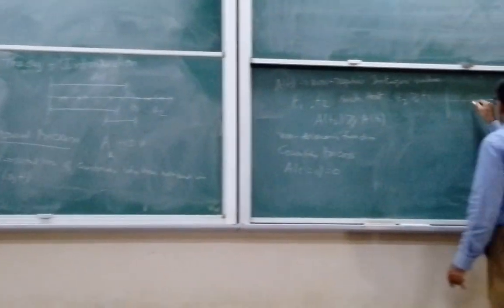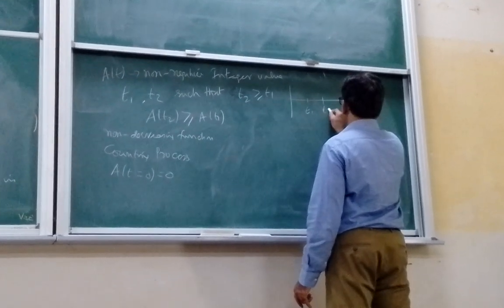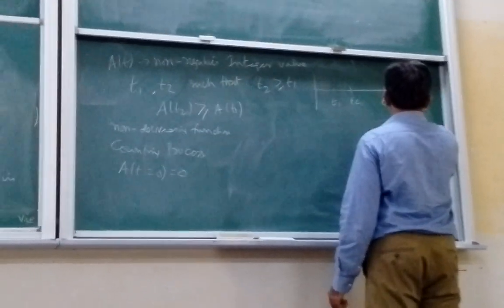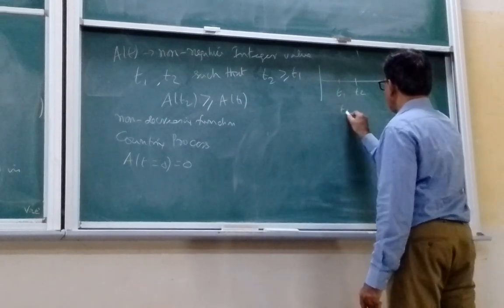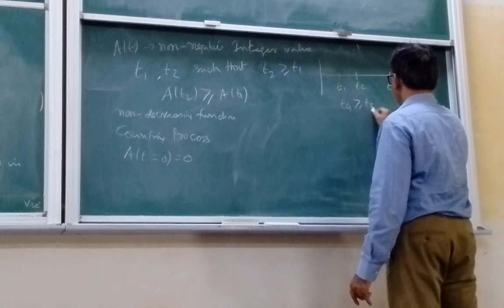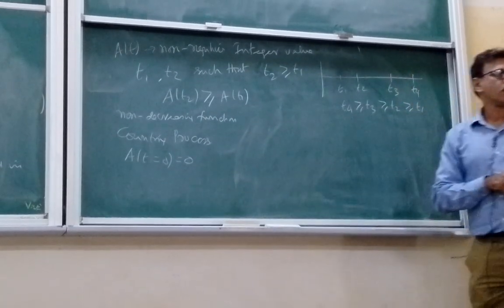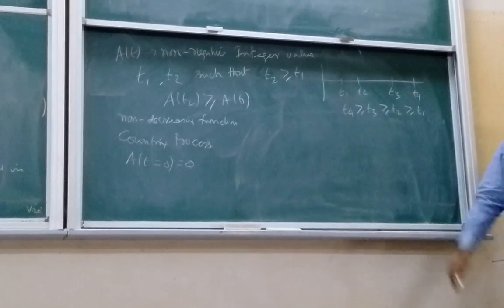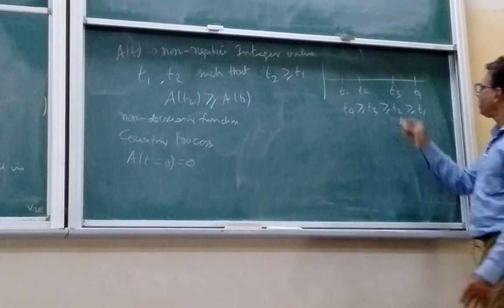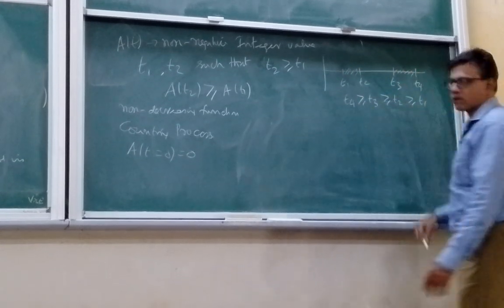Now, if you look at 4 distinct time points such that T4 is greater than T3 and so on. Now I am looking at the number of arrivals in this interval and the number of arrivals in this interval.